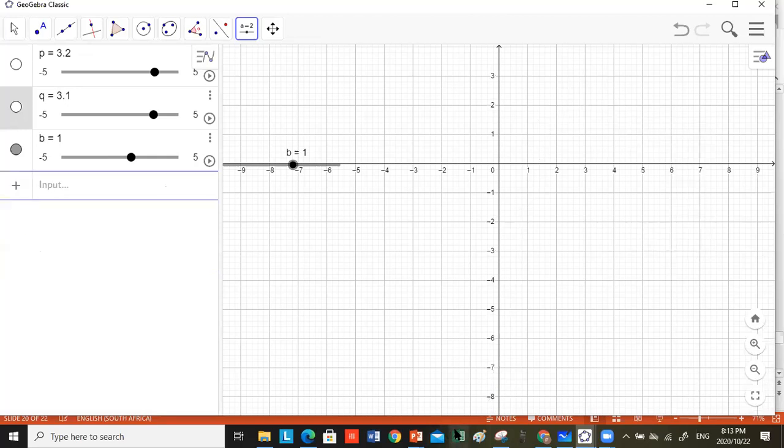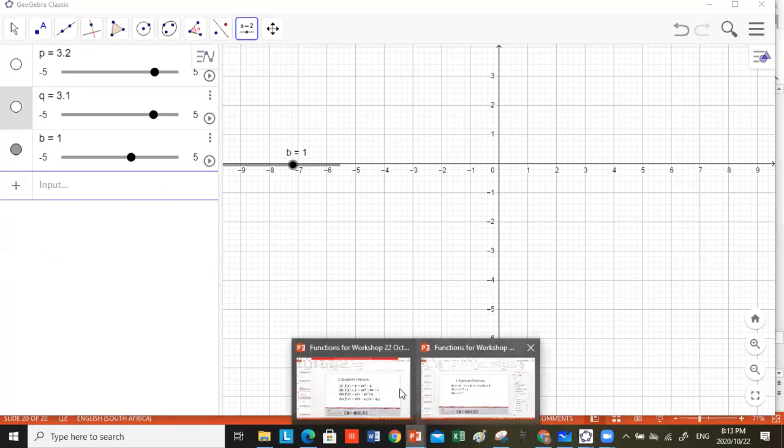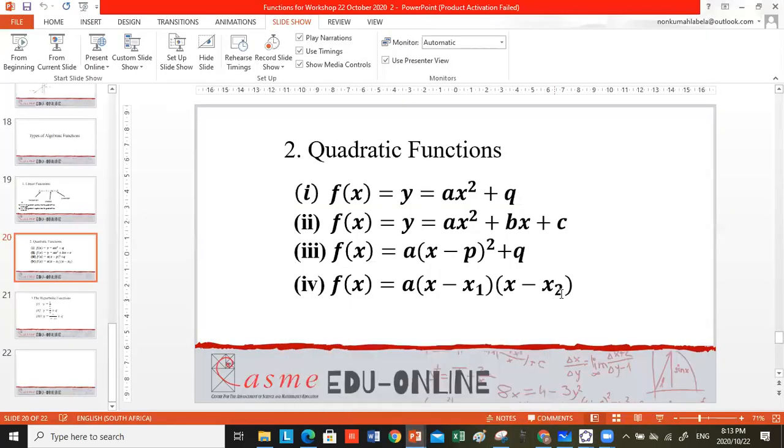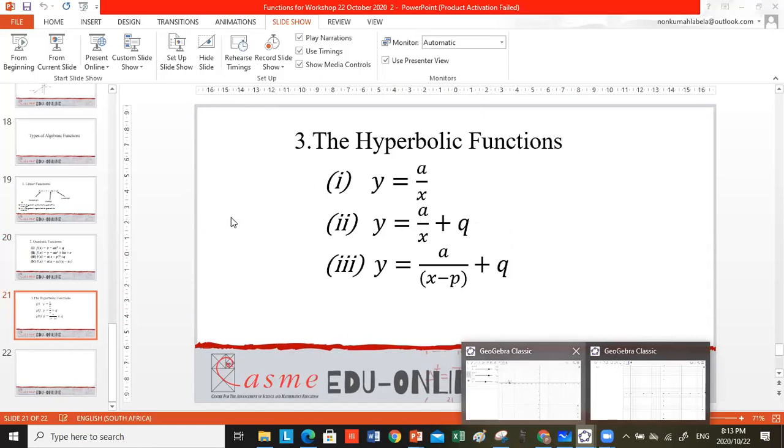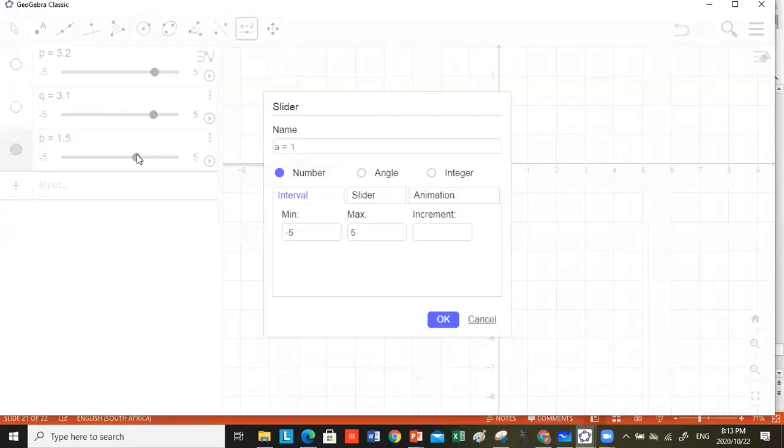Okay. Now also, if we go to the next type of function, the hyperbolic function, I'm going to give the function y equal to a over x. Let's remove this first.